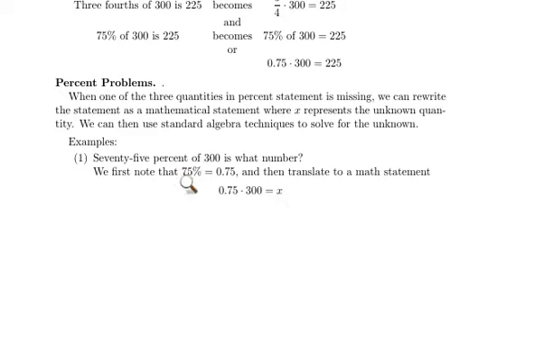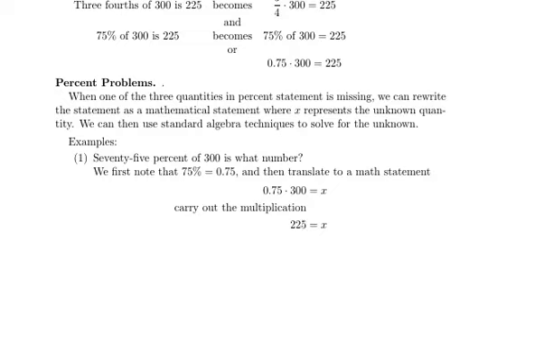Notice that we first change that 75% to a decimal. So this is an especially easy equation to solve. All that we've got to do is multiply that 0.75 times 300. That tells us what the unknown is.